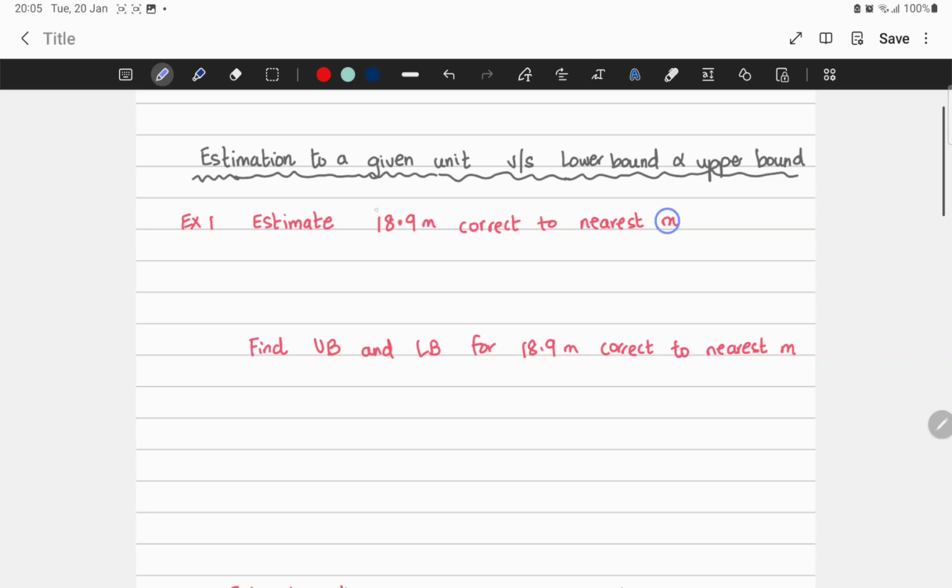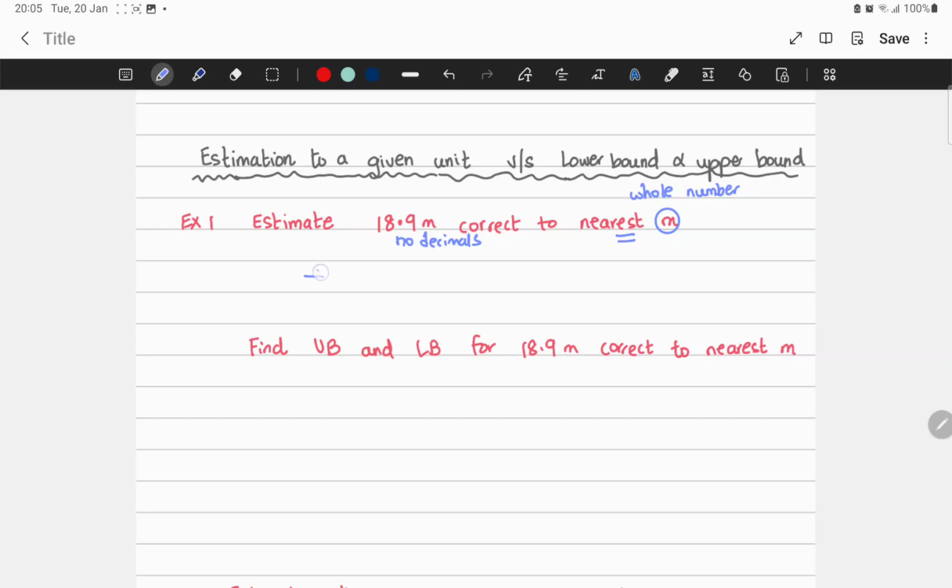the method is, for nearest meter, we are talking about whole number. So this 18.9 should not have any decimals.